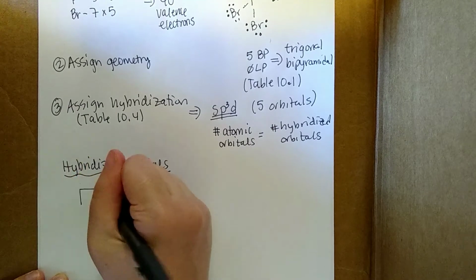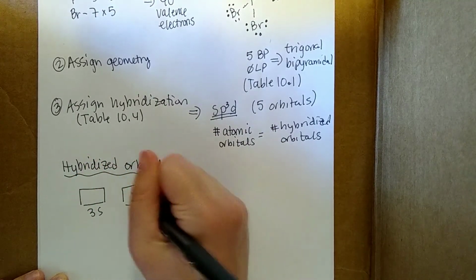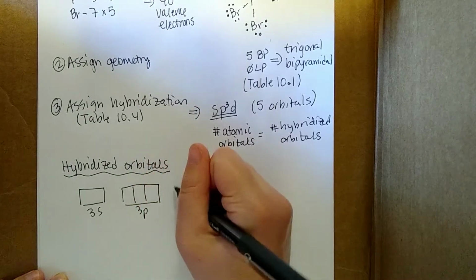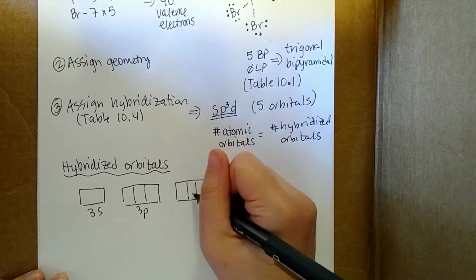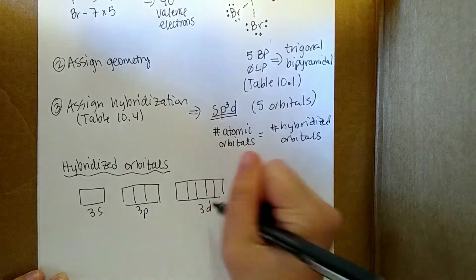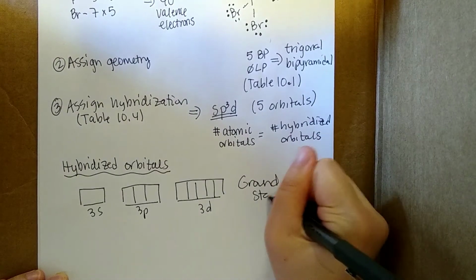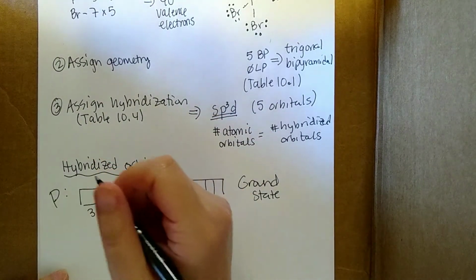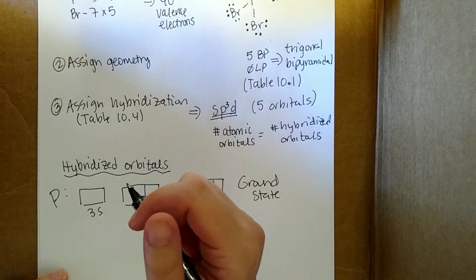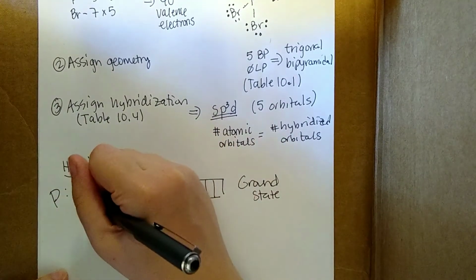If we're looking at our ground state for our phosphorus, we know that we have 3s2, 3p3, right?